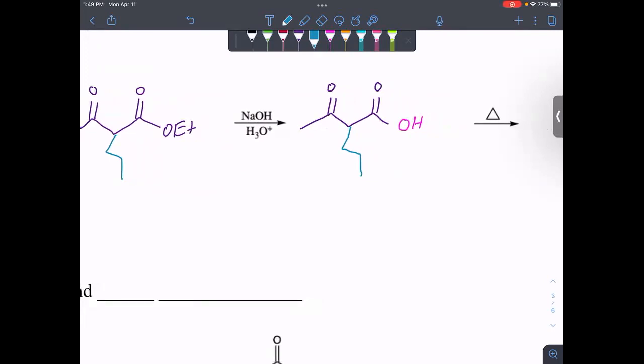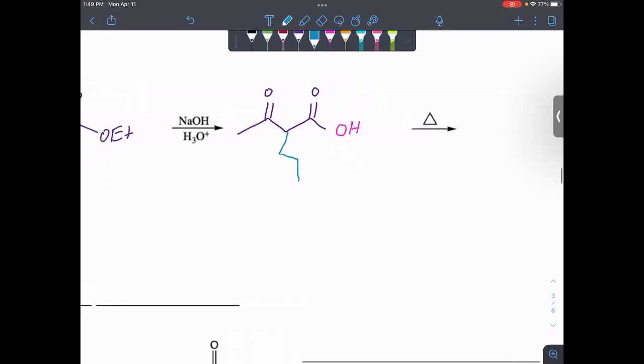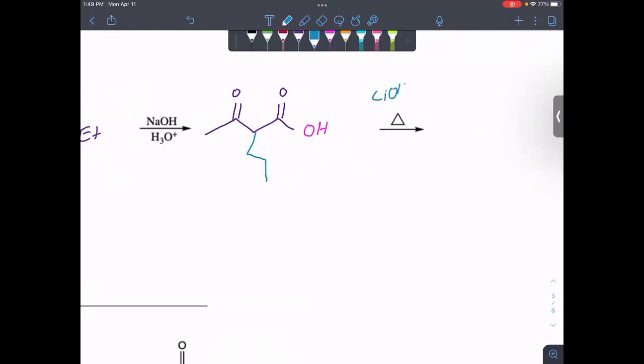And then the point of the last step is to decarboxylate. You could decarboxylate with just heat, or you could go in with lithium hydroxide and DMSO. That decarboxylates, so it cuts off the carboxylic acid. So the point of this reaction was to take your beta dicarbonyl, deprotonate the carbon in between them, and then cut off one of the ester portions.